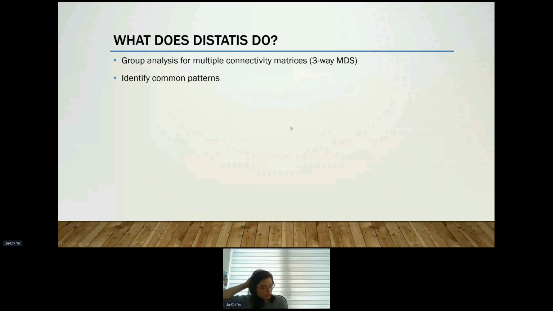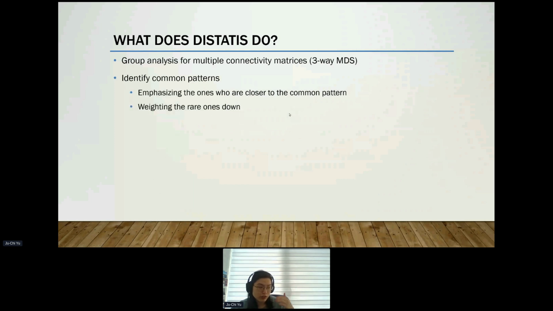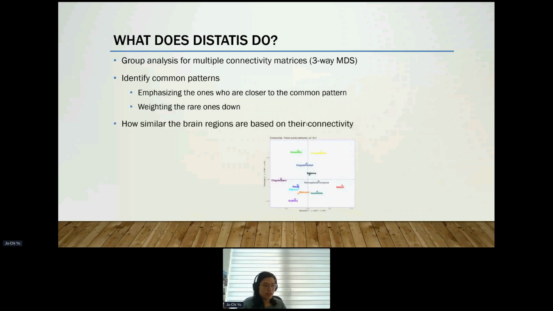What DiSTATIS does is identify a common pattern across these matrices by emphasizing the ones that have the more common pattern, and also weighting down the outliers. So after you do the dimension reduction, it will tell you how similar these nodes are based on the common connectivity pattern. For example, here I'm plotting the mean factor scores of different networks from the Gordon parcels. I'm using the Midnight Scan Club.